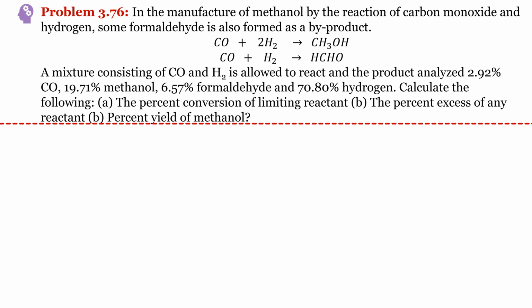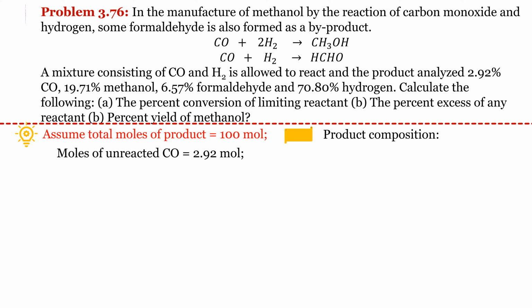What we can do is assume the total moles of product, and depending on that, we can do the back calculation. For example, if we have obtained 100 moles of product, then what was the amount of CO and H2 fed to the reactor? So we can assume total moles of product is 100 moles. Now the product composition is given, so based on that we can find out the moles of CO, methanol, formaldehyde and hydrogen.